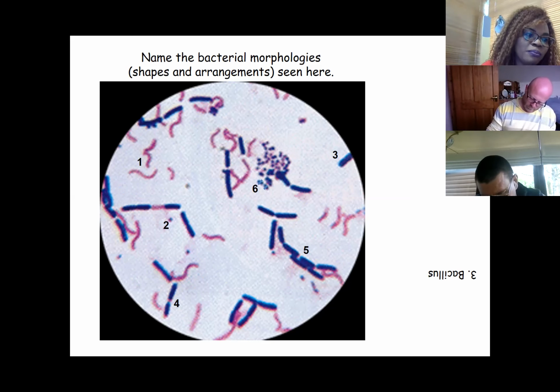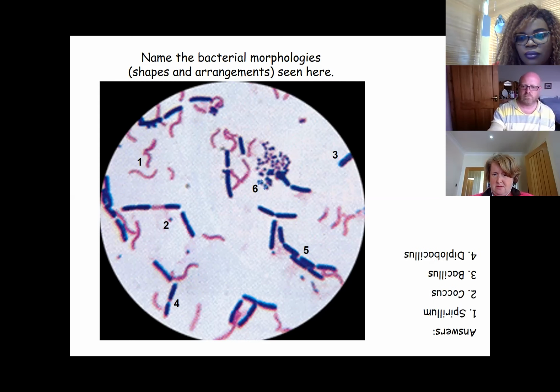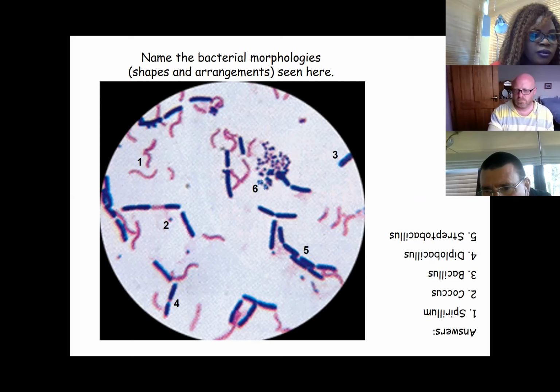And then let's look at number 6. Coccus. Yeah, what type of coccus though? I don't know if you can see very clearly. They normally come in twos, so you have to try and see 2-2. They kind of joined. No, 2-2 is diplo. Yeah, diplococcus.